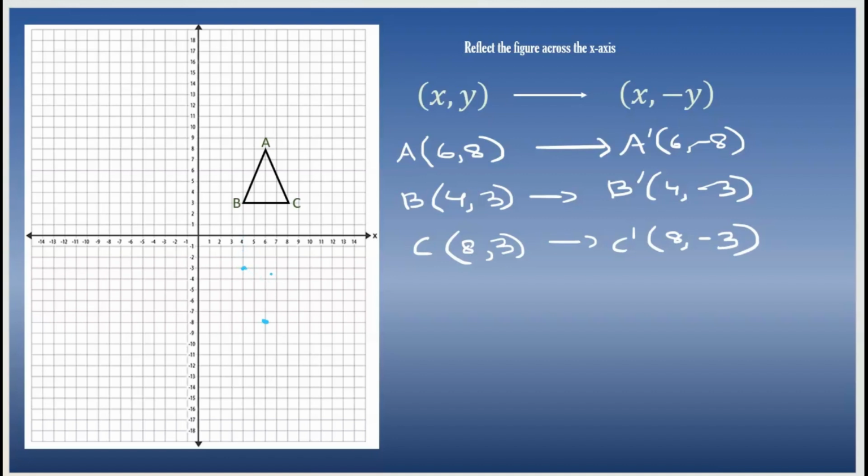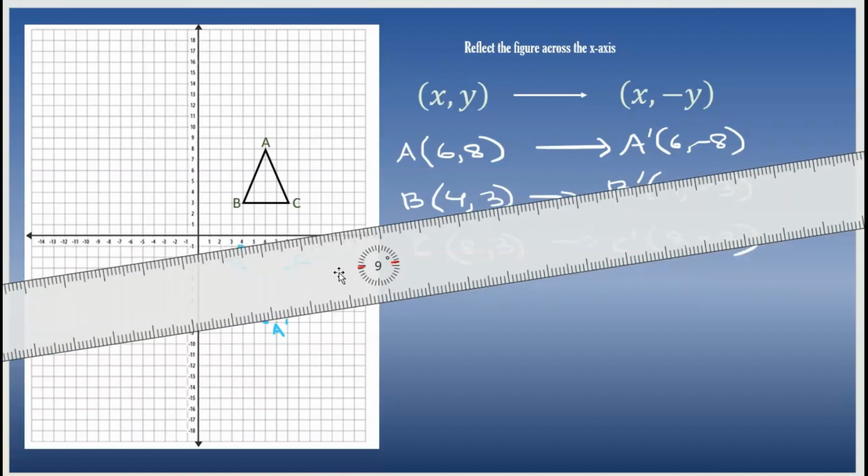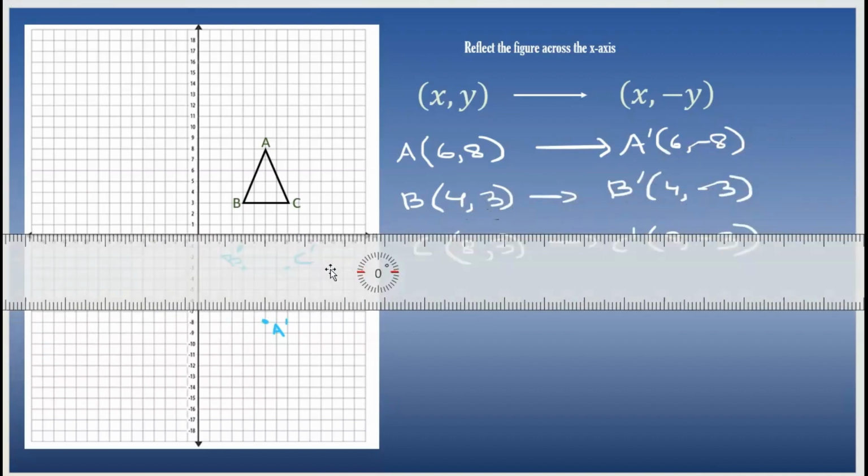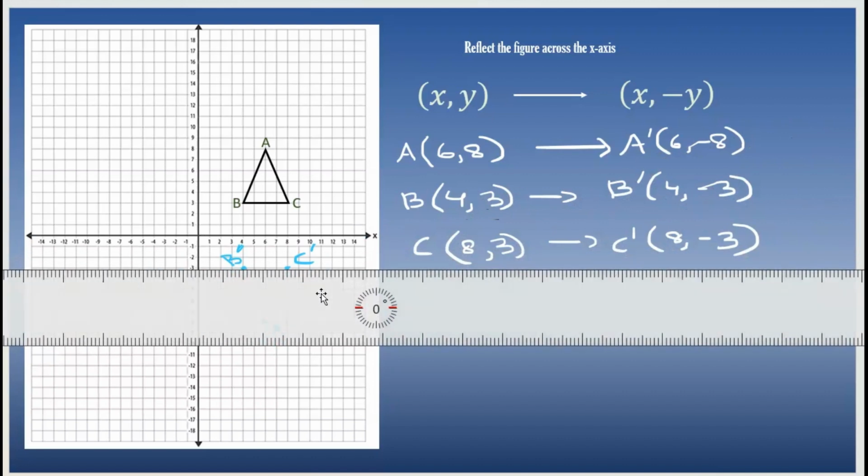C prime is 8, negative 3, which is over here. So this is A prime. This is B prime. And then this is C prime. Again, I apologize for the bad handwriting. Using the ruler, I'm going to connect the lines.